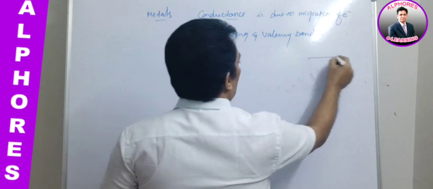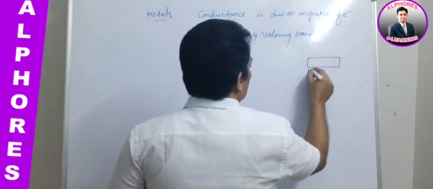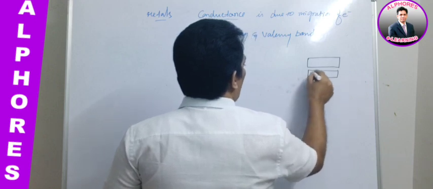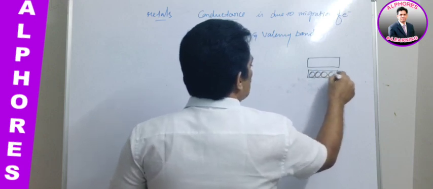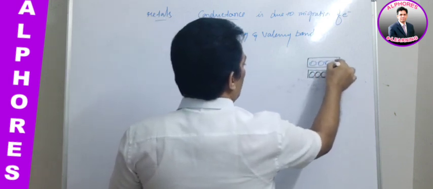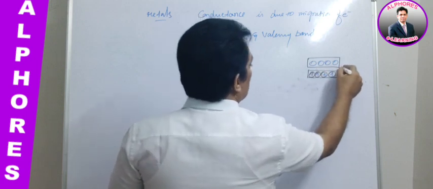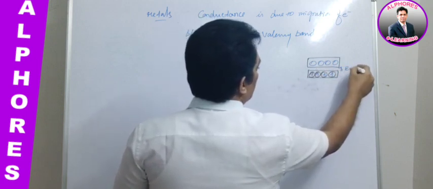The unoccupied place is nothing but holes, and the other band is occupied by electrons. This one is unoccupied, and here electrons are already occupied. The gap between them is known as the energy gap.